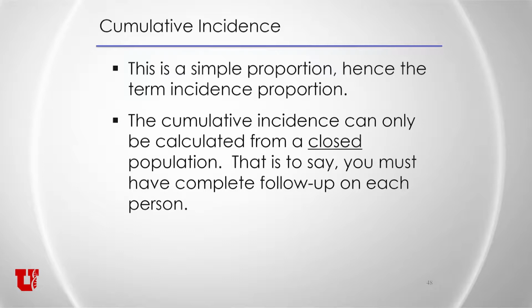This is a simple proportion, so the term incidence proportion works out fine. The caution about cumulative incidence, however, is that cumulative incidence can only be calculated from a closed population. That is to say, you must have complete follow-up on each person.